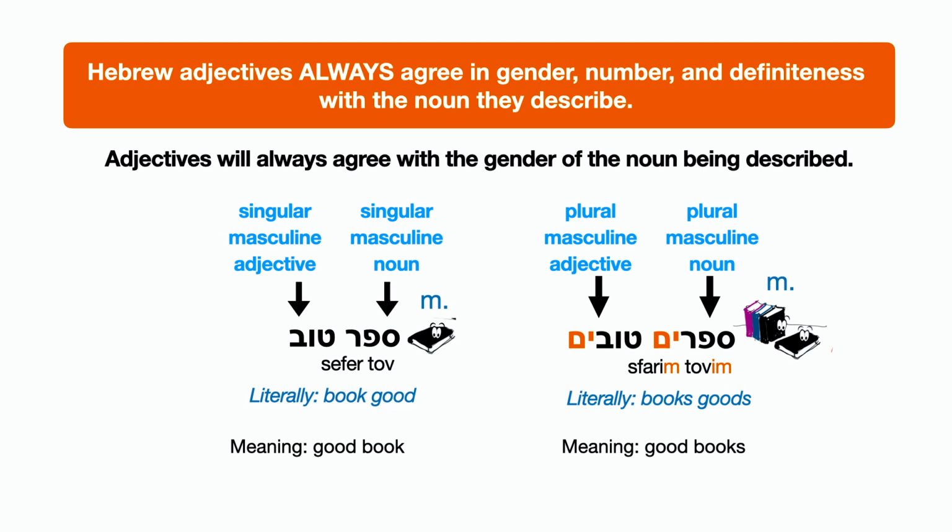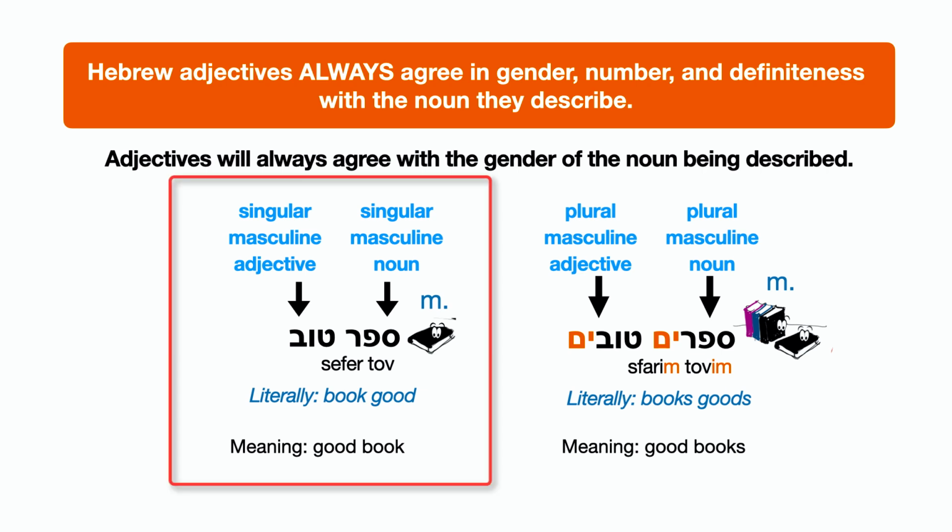So here let's look at an example of a noun that follows the general rule. We'll look at the exceptions later on. So sefer tov. Sefer is a masculine noun, and to say good book, okay, we add the adjective tov, which is the masculine version of this adjective. Sefer tov, good book.